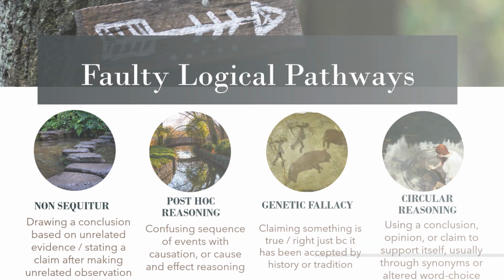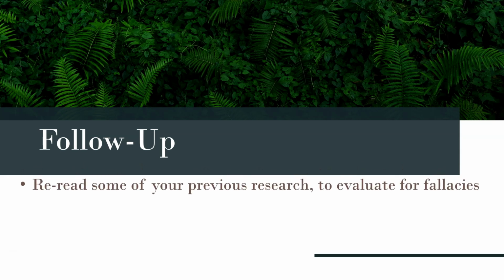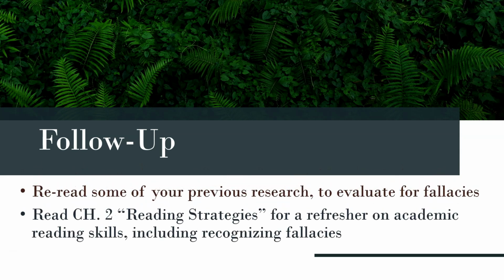Okay, I think that's it for our lesson today. For follow-up, I'm going to ask that we possibly reread or review some of our previous research. So we have our definition, concept research, and we have 1 to 2 sources of opinions, viewpoints, and arguments, offering perspectives toward your topic.